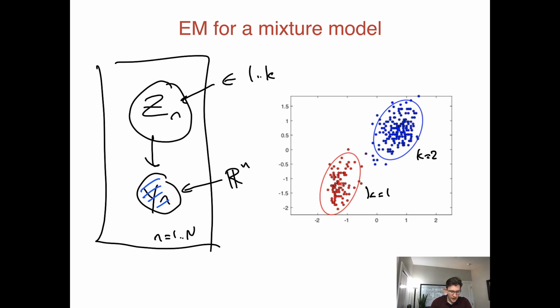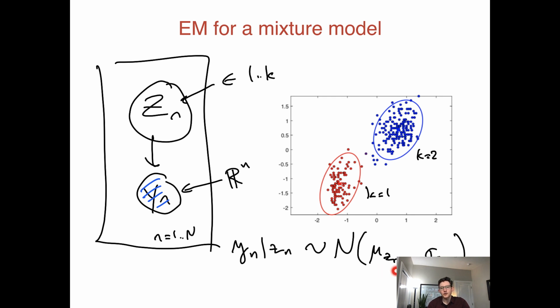By the way, we're going to imagine that y of n given z of n is distributed according to a normal distribution with some mean and variance defined by z of n.